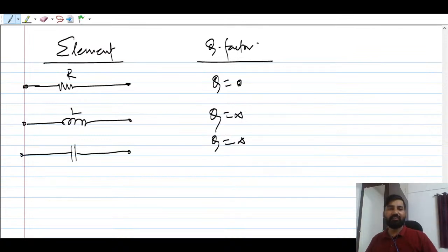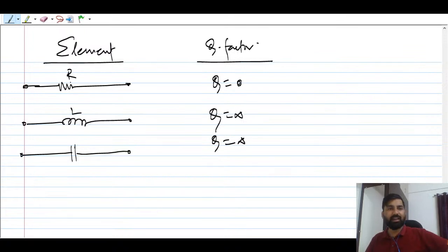Those who are live right now watching me can understand why Q factor for an inductor is infinity: because there is no dissipation in a pure inductor. I'm talking about a pure ideal inductor, an ideal capacitor. So Q is going to be infinite.